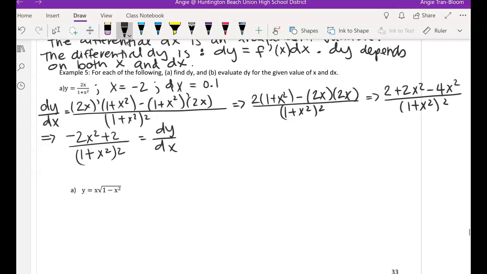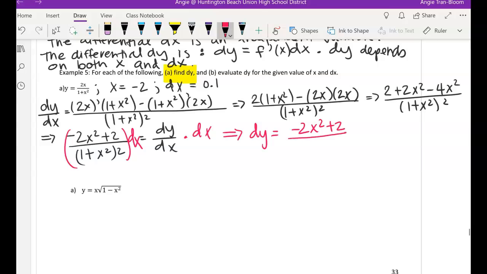Okay, I'm only interested in dy. So all you have to do is multiply both sides by dx. It's that easy. So that means dy is negative 2x squared plus 2 all over 1 plus x squared, and then times dx.